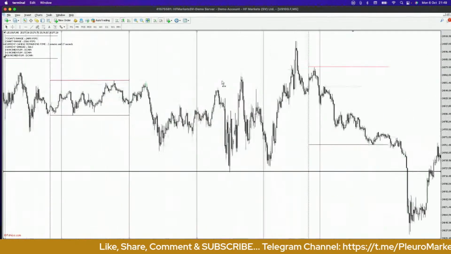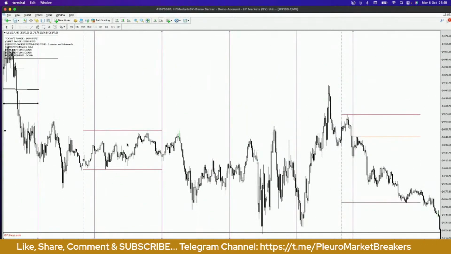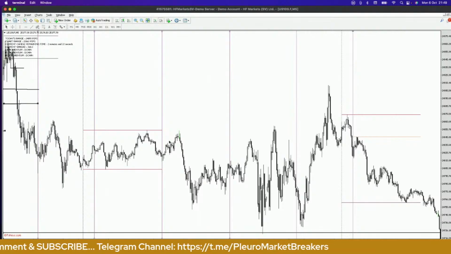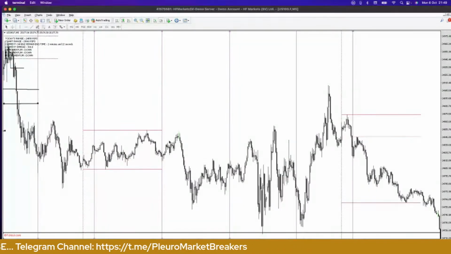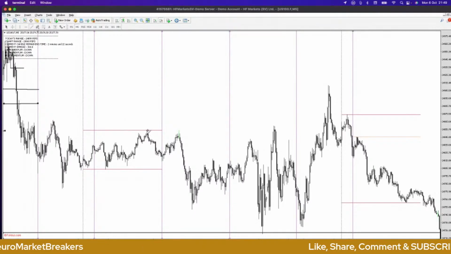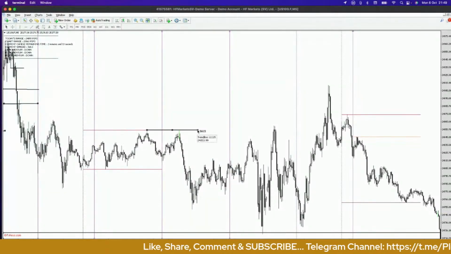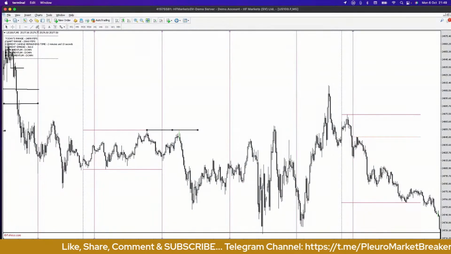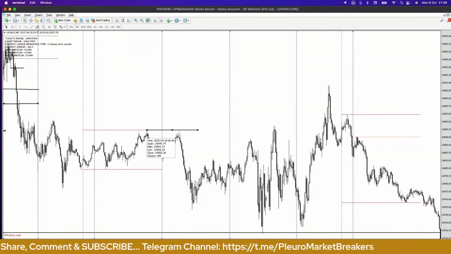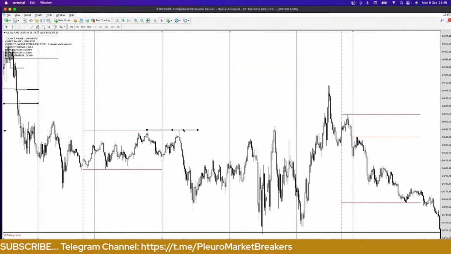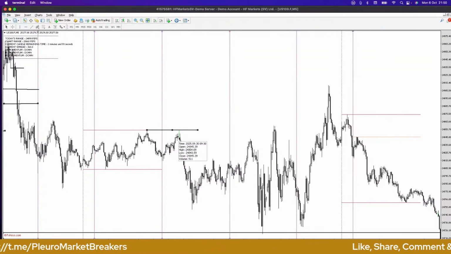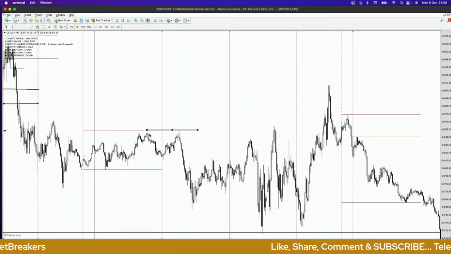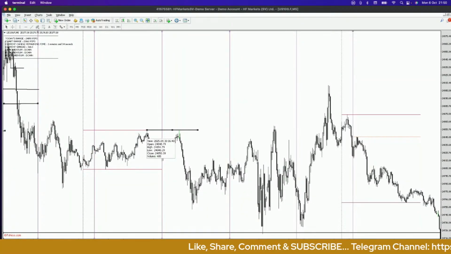So this is Asia. I don't trade Asia. I'm sleeping, right? First session. Let's see, this candle's high is 2485, and then this one's 24854.